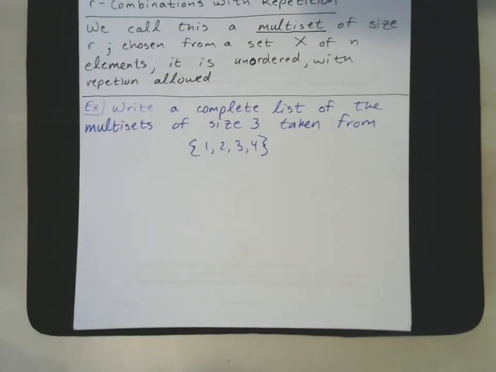Essentially we're saying, what are all the sets of size 3 regardless of what their elements are? The whole total amount of combinations we can make of any 3 elements from these sets. So we're doing size 3 and we're taking it from 4 elements.